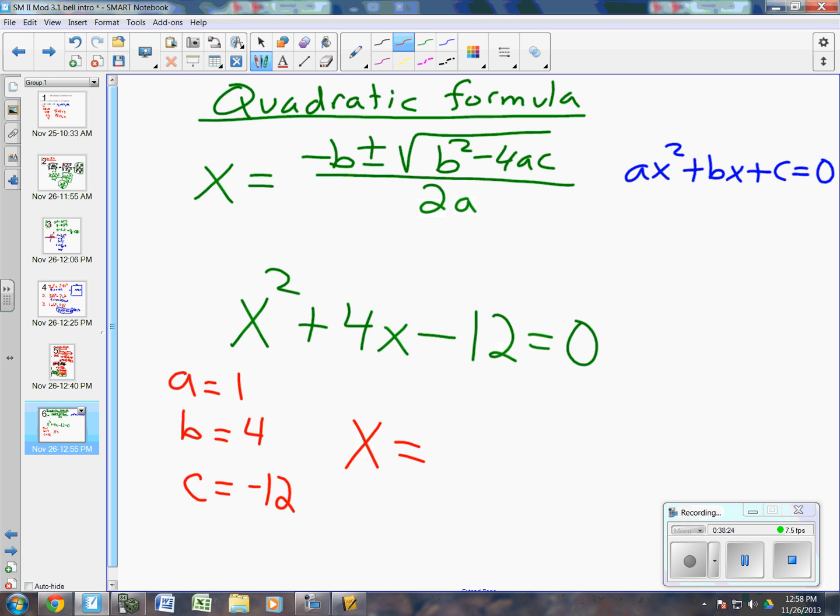Okay? So all we have to do is go negative b. I think of that as the opposite of b. So what is b? B is 4. What's the opposite of 4? Negative 4. So it's going to be negative 4 plus or minus the square root of b squared. That's 4 squared, which is 16.